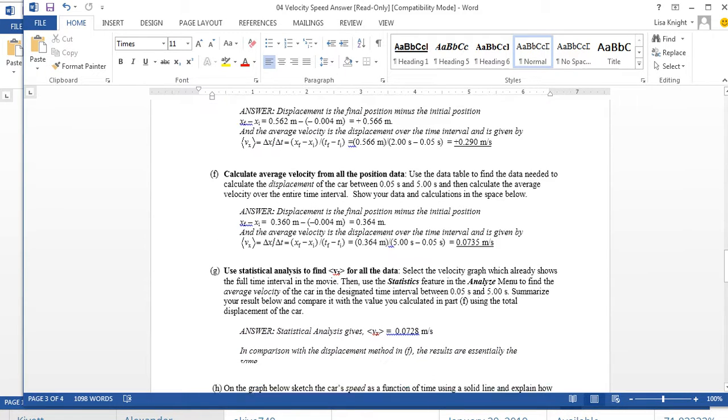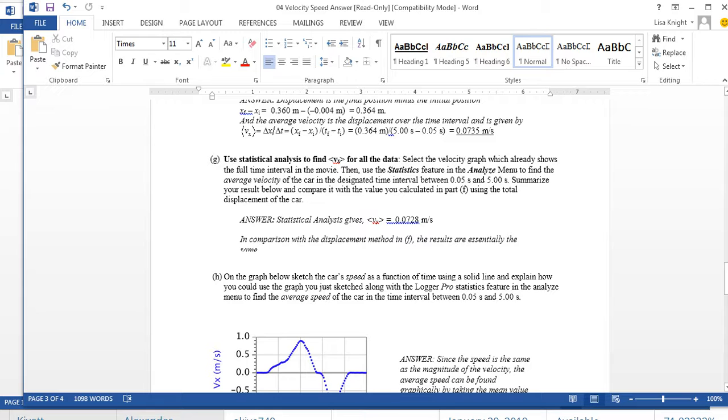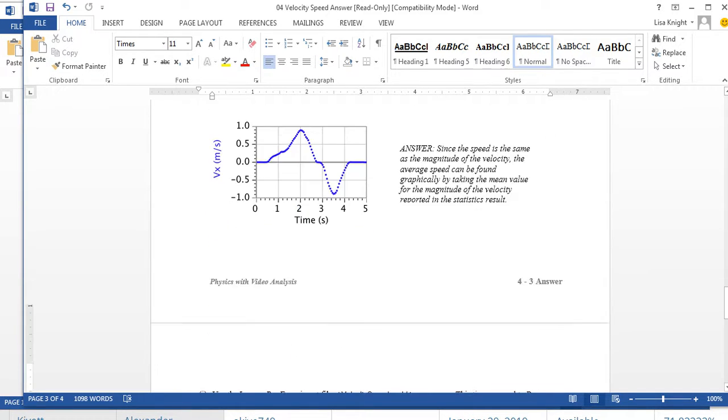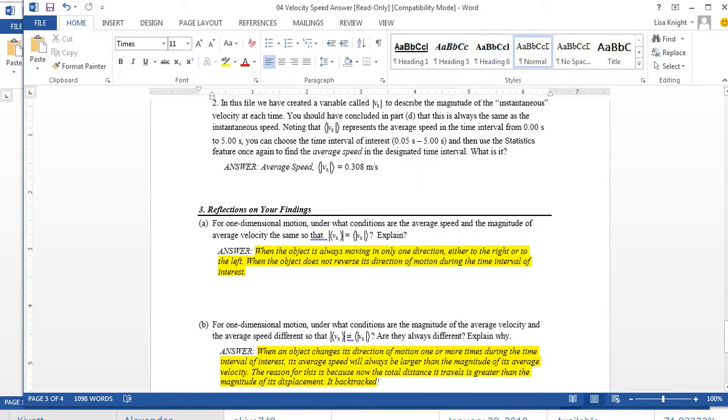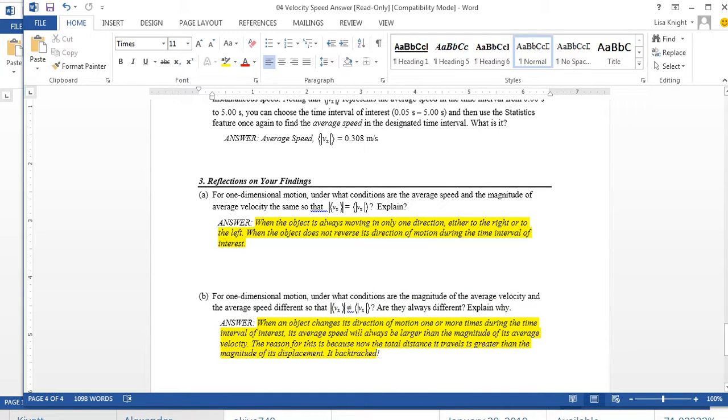And then you did that for a couple different things, and you learned how to use the analysis statistics tool, and you answered some questions. And then the thing about reflection that I wanted to see you understood is that when the object is moving in one direction, the average speed and the average velocity are the same.